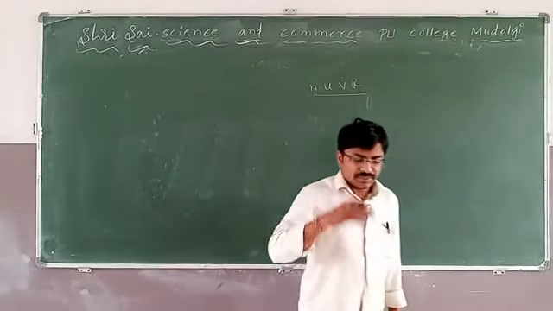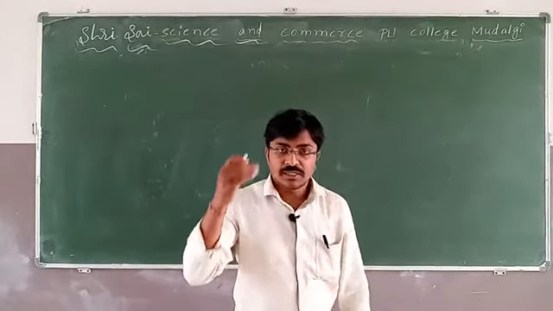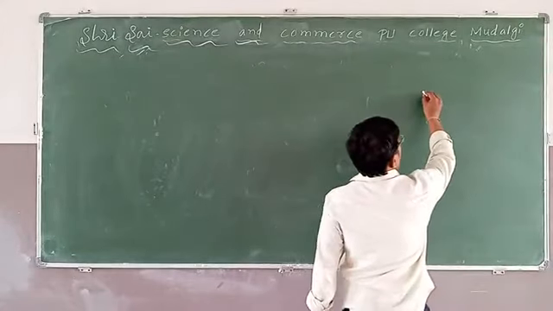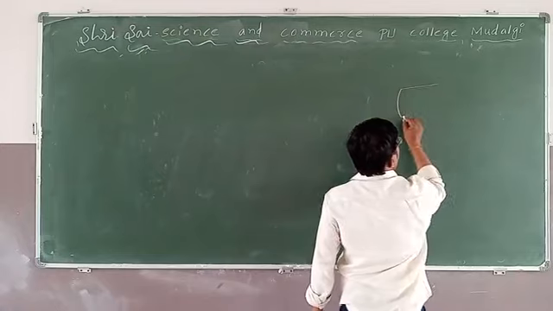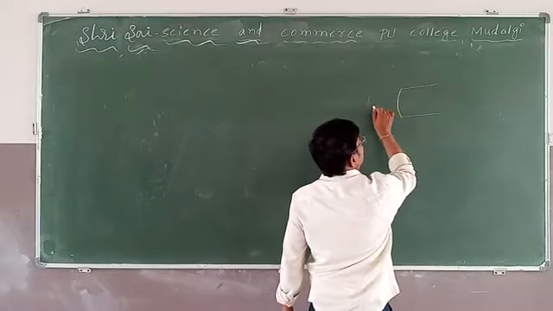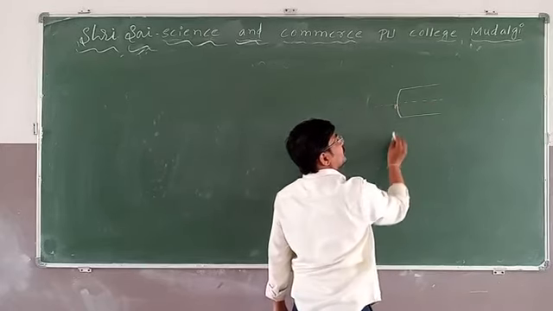What we discussed in the previous class, I will just go through it once again to brush up your memory. See, we know refraction through the spherical surface. If I consider a spherical surface and this is the principal axis, this point is called the P point.